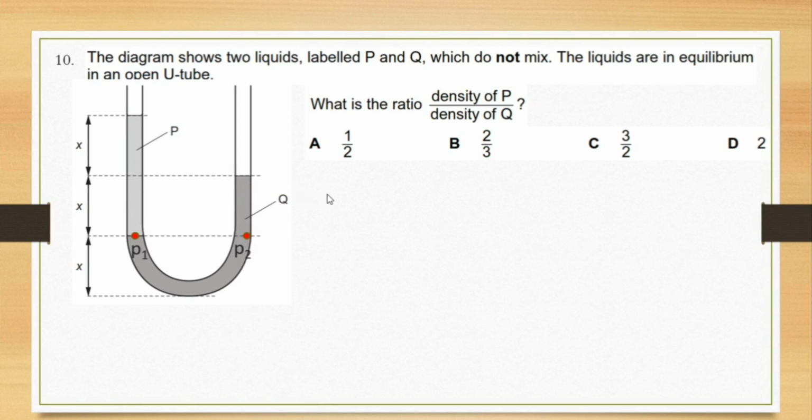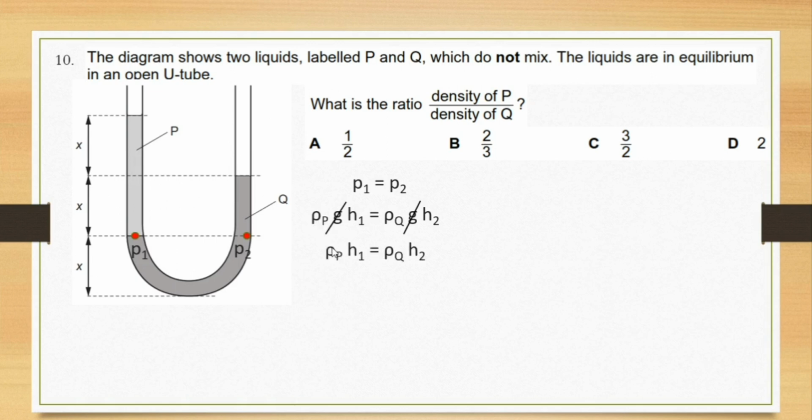So I can use the equation P1 equals P2. P1 is the hydrostatic pressure at point 1. It is rho of P multiplied by g multiplied by h1 here. And P2 is equal to rho of Q times g times h2. And I can cross g out.